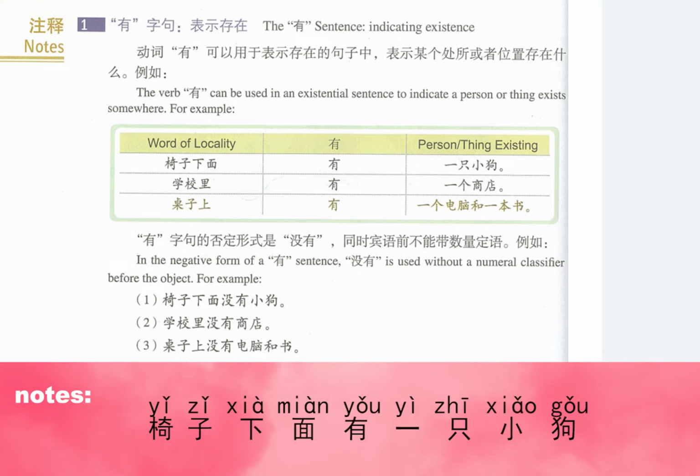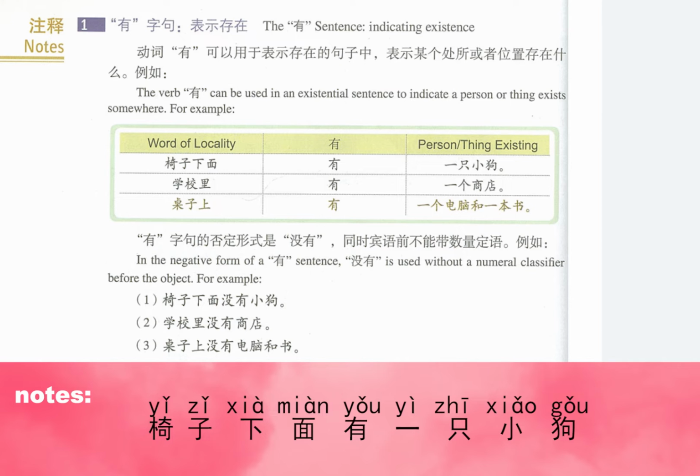Sentence number 1. 椅子下面有一只小狗。Under the chair, there is a little dog. 椅子 means a chair. 下面 means under. You know, in English, if we want to say under the chair, we put under at the first place, and then chair, which becomes under the chair, right?